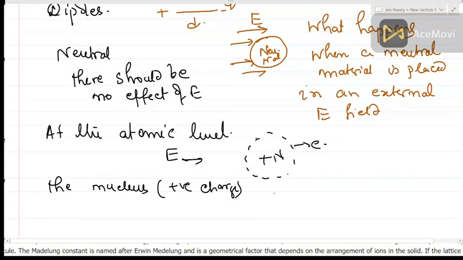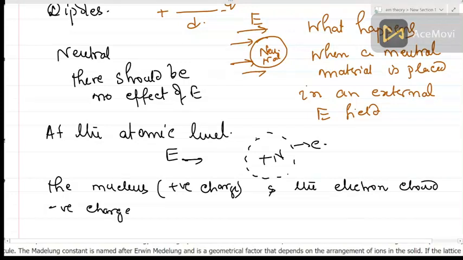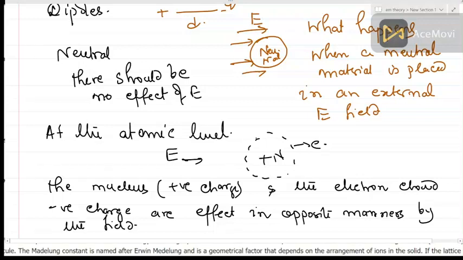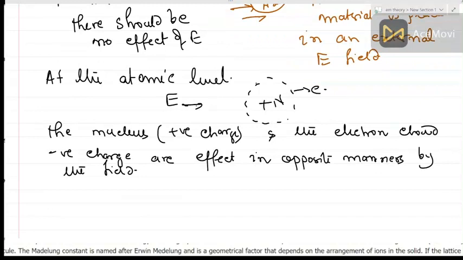When you apply this electric field, the nucleus, which is positively charged, and the electron cloud, which is negatively charged, are affected in opposite manners by the field.